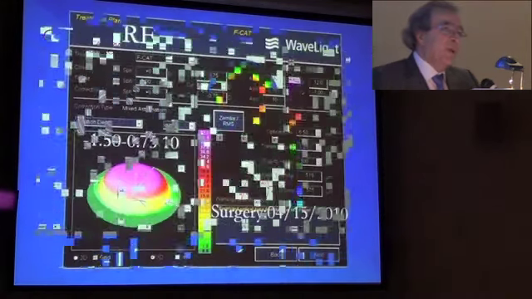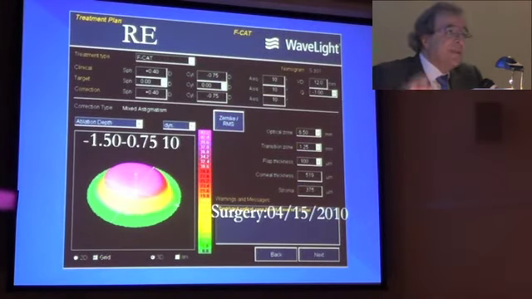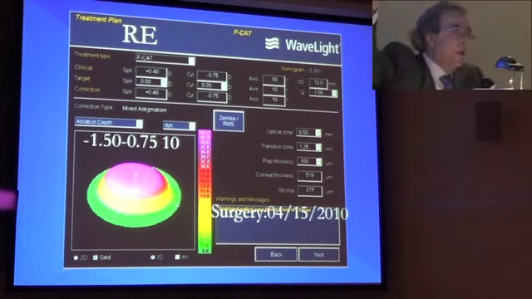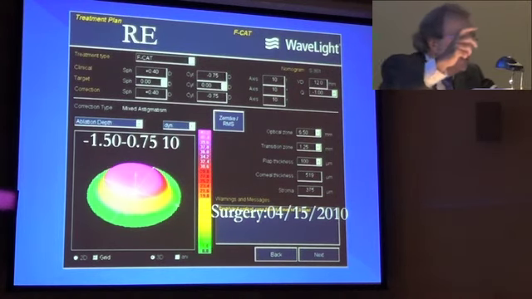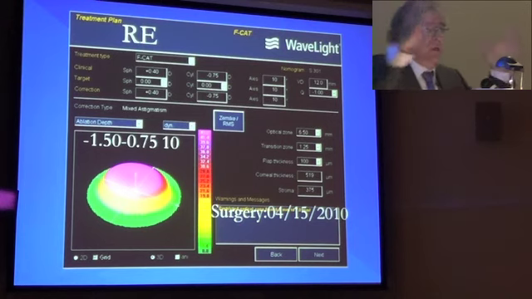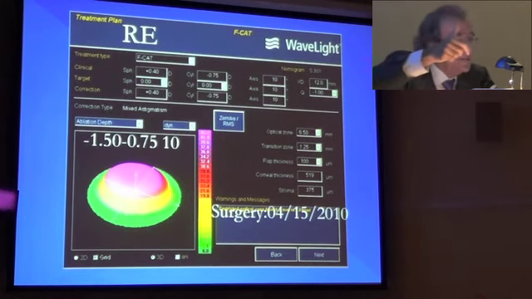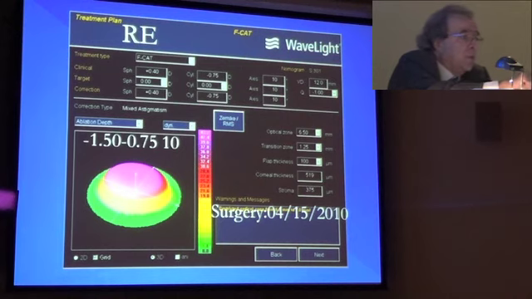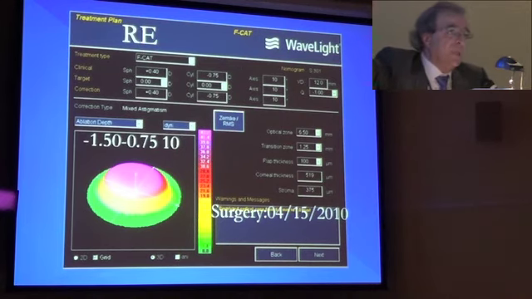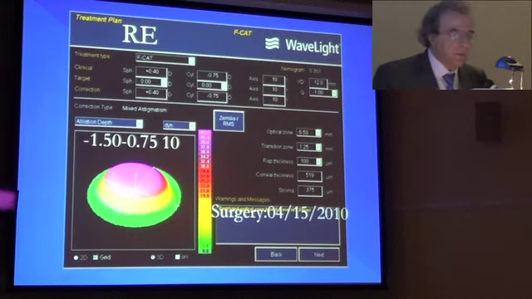You need to know that the correction and the refraction are very different. The refraction is minus 1.50, but when you modify the Zernike, the correction will be plus 0.40. In the first person, it's very complicated. I understand this.